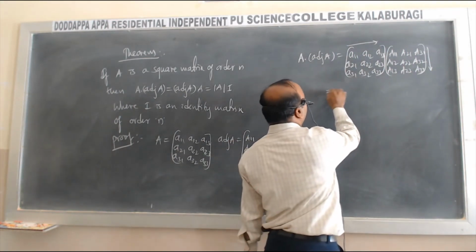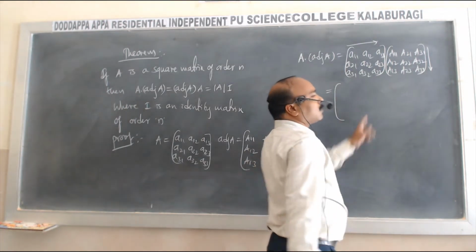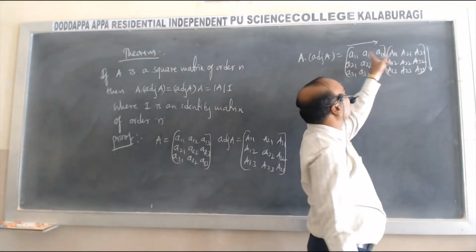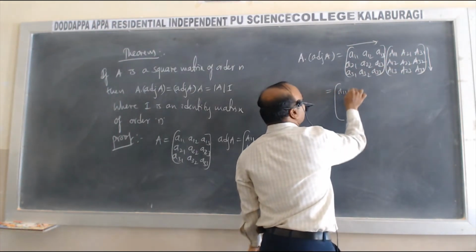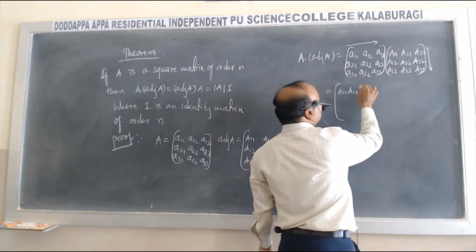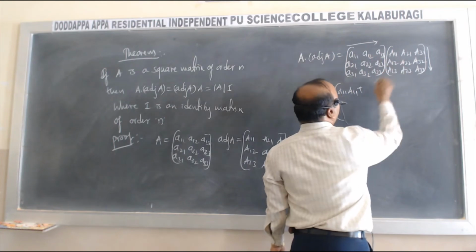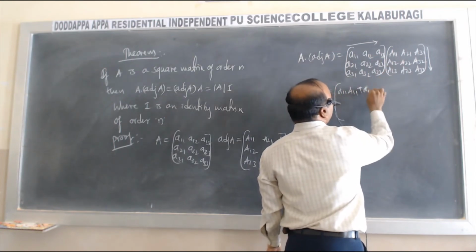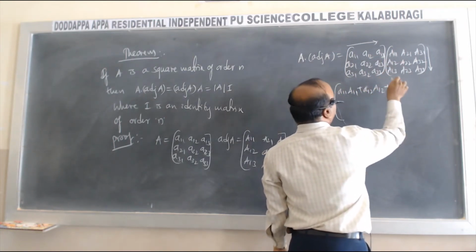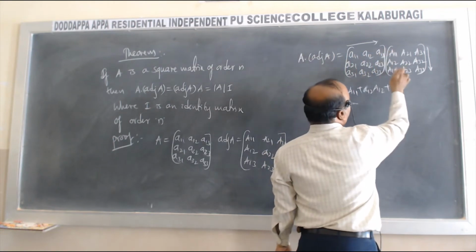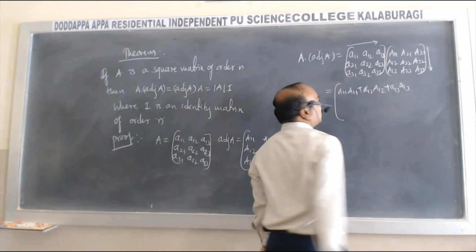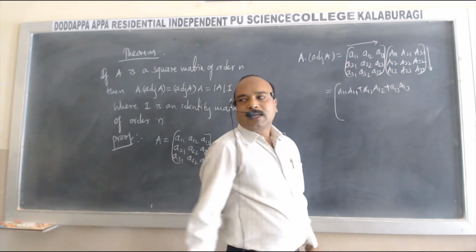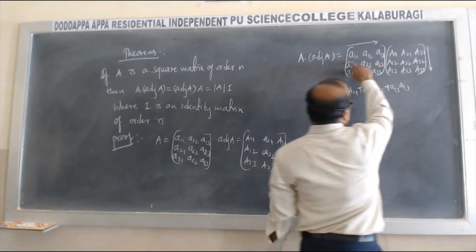First we multiply the first row with the first column, and we get a11 A11 plus a12 A12 plus a13 A13. After that we go for first row, second column.